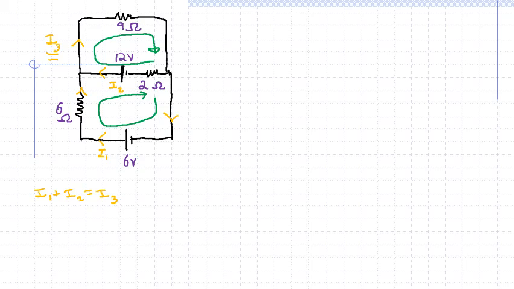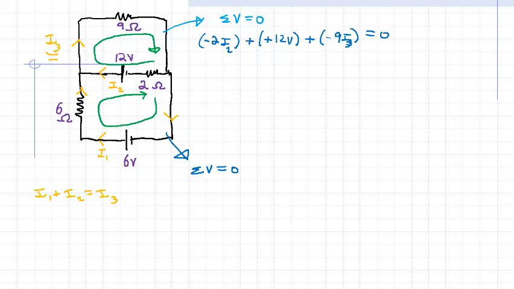I chose my loops to go around like this, and so this loop would have negative 2I2 plus 12 volts, and then plus negative 9I3. The bottom one, positive 6 plus negative 6I1 plus negative 12, because my loop is coming around like this, but I'm going from the positive terminal to the negative terminal, plus 2I2.